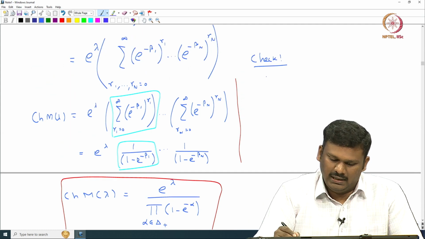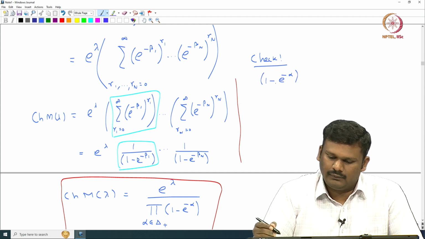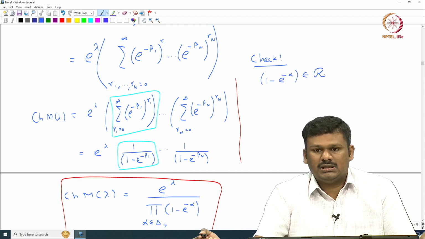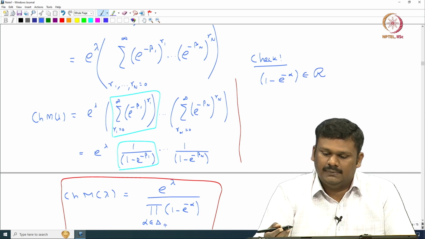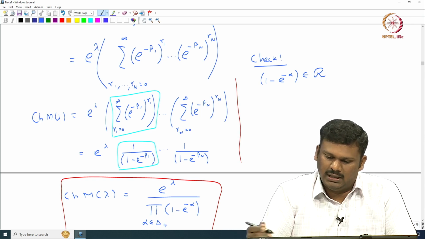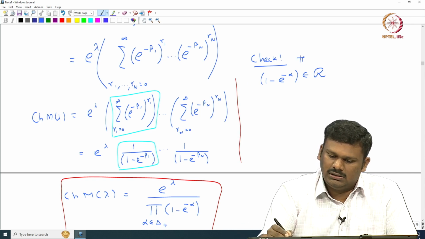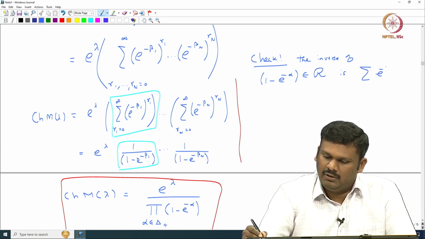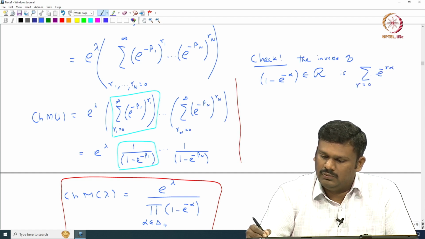So, if I take this 1 minus e power minus alpha inside our ring, which is there because this is just a finite sum, and minus alpha is an element of H star. So, 1 minus e power minus alpha is there in the ring. The inverse of this 1 minus e power minus alpha is nothing but the summation of e power minus r alpha, r ranging from 0 to infinity.